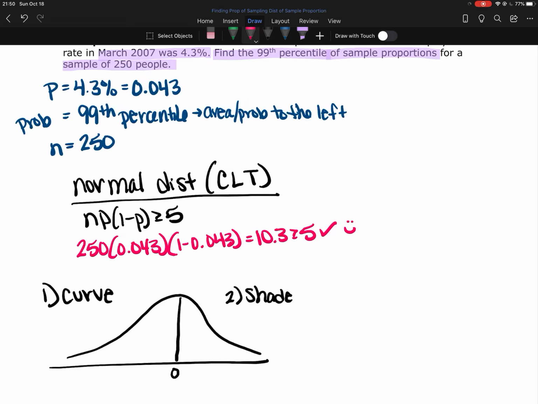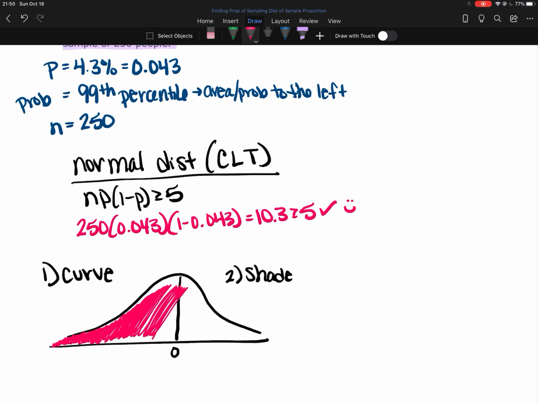So I start coloring on the left, and I keep coloring until I've shaded 99% of the curve. I'm going to go past the mean, the middle, because that's only 50%, and shade almost the entire curve. Where I stop shading, that's where this unknown z-score is that I need to find in step 3.